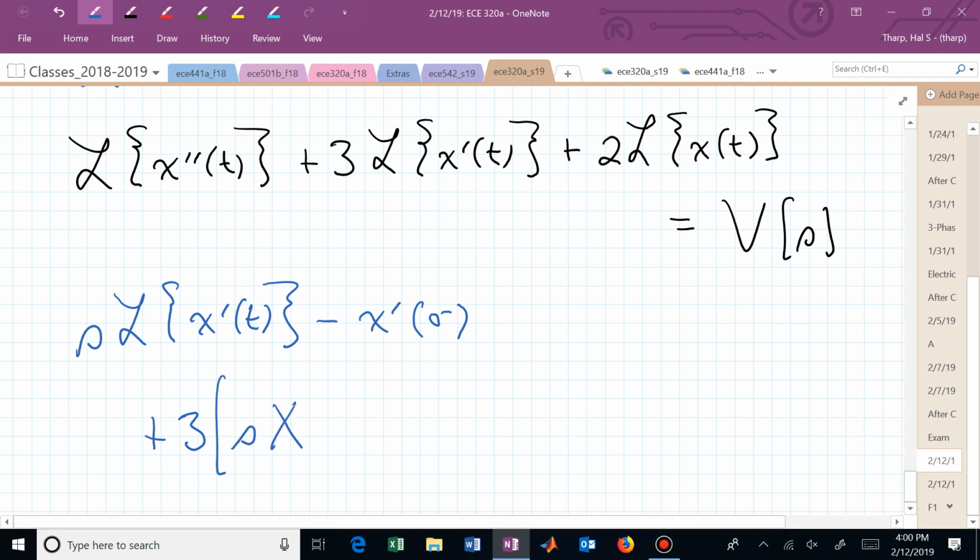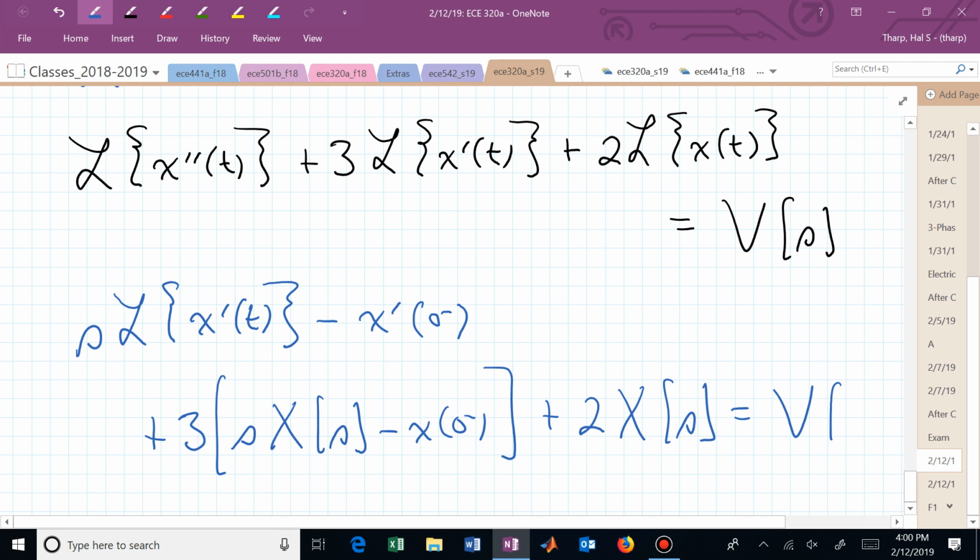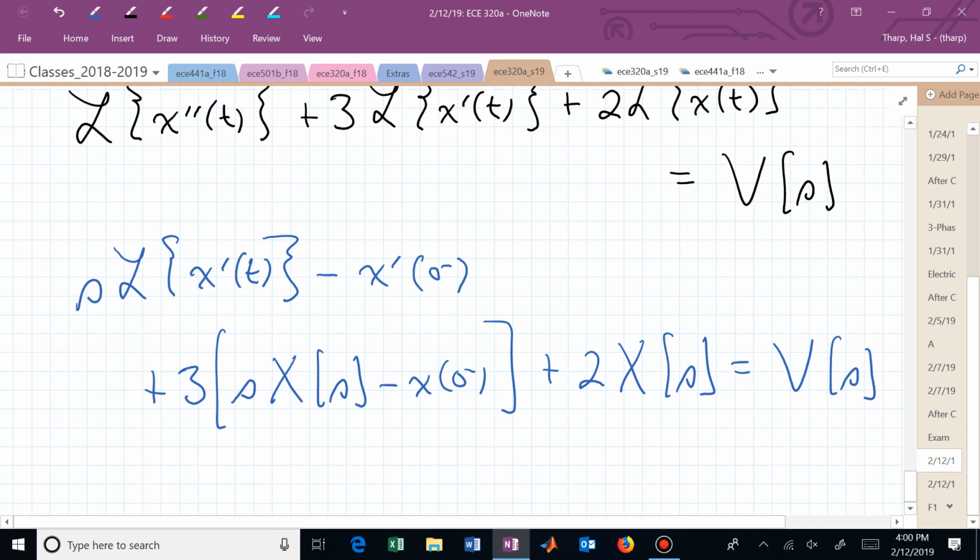That's now s times capital X of s minus x of 0 minus plus 2 times capital X of s equaling V of s.